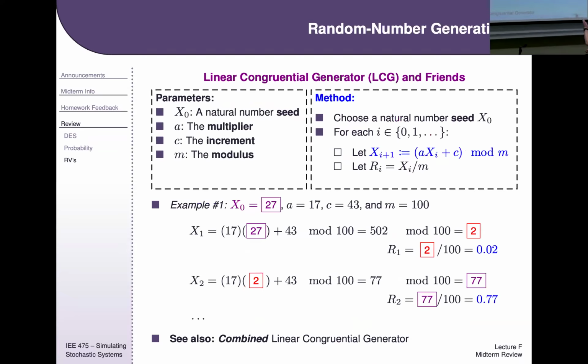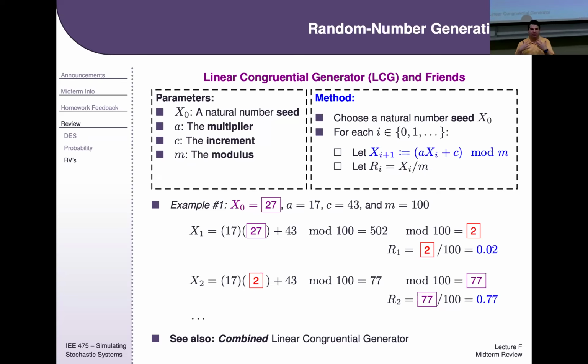So then, how to generate: LCG. The only random number generator I want you to know about is to be able to calculate numbers with an LCG and to know why a CLCG exists. I could say, here's a formula for a CLCG, calculate the output of the CLCG.